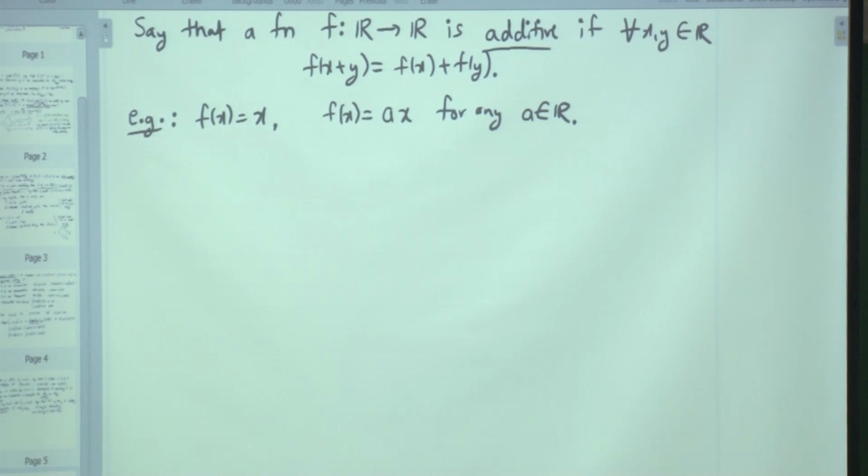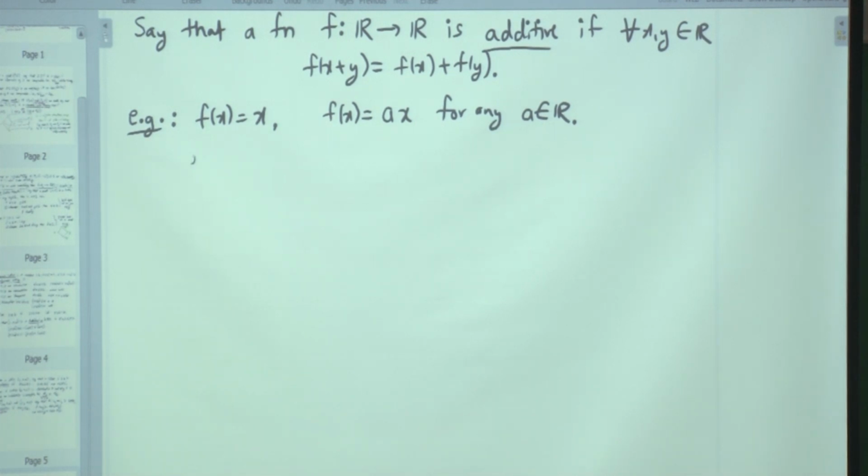Give me one more example which is not like this. Let me give you something.